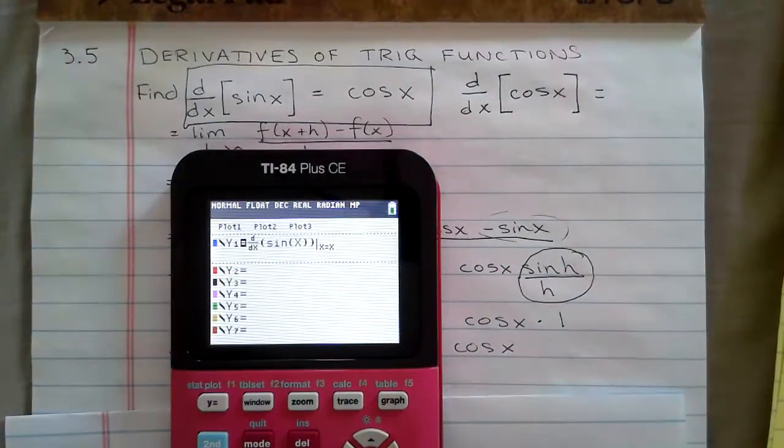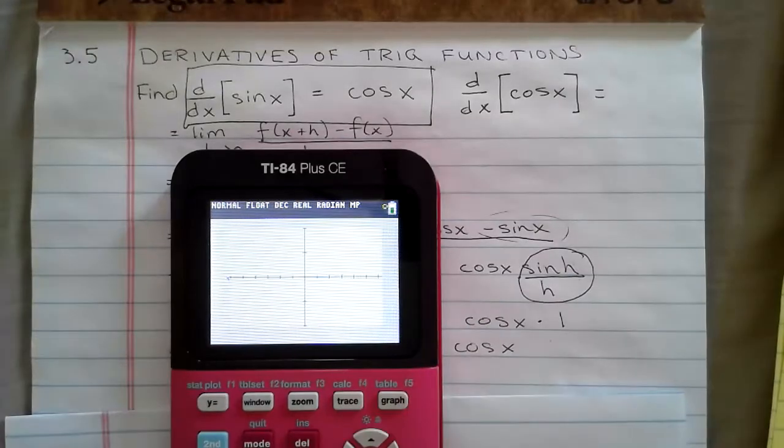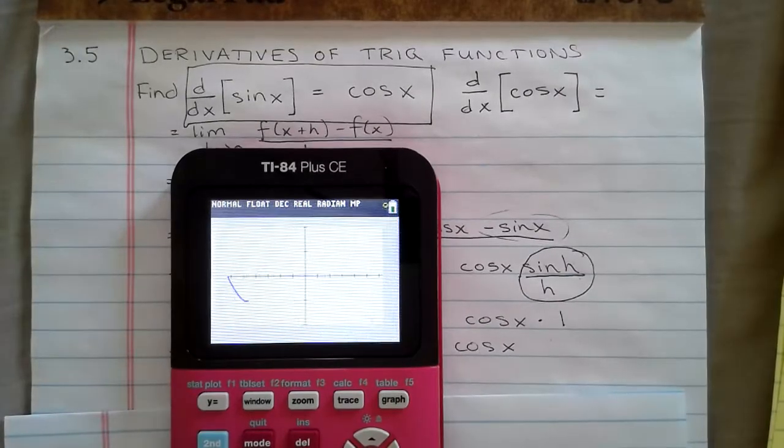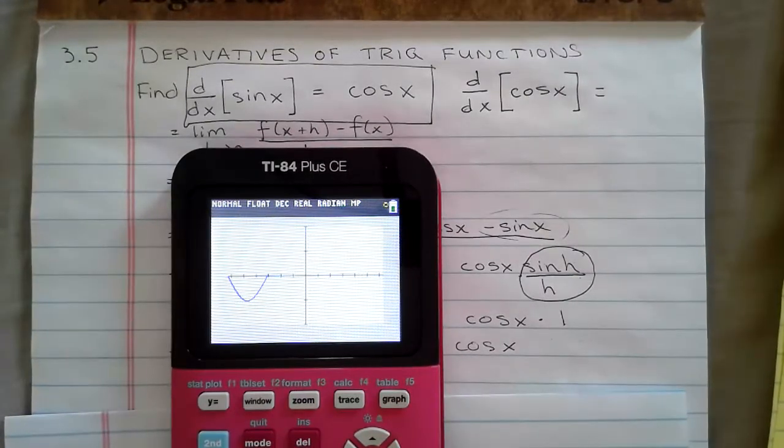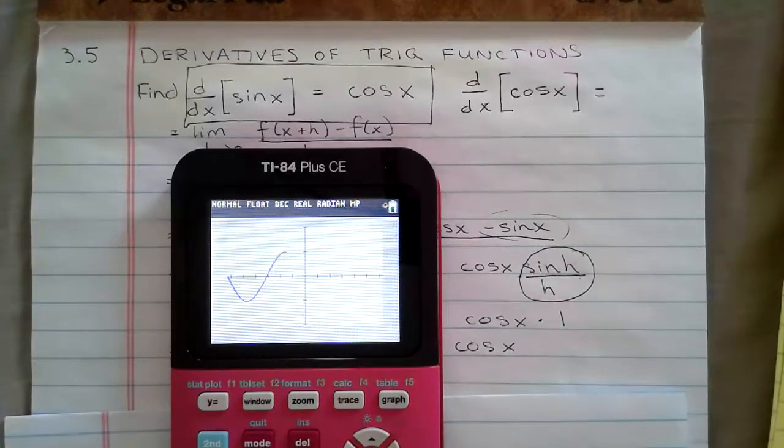Go ahead, you go on your calculator, and we'll graph it. If some of you are guessing that it's sine x, I want you to look really close at this. It sure looks sine-like, but there is one difference.